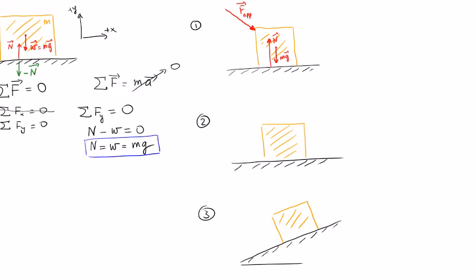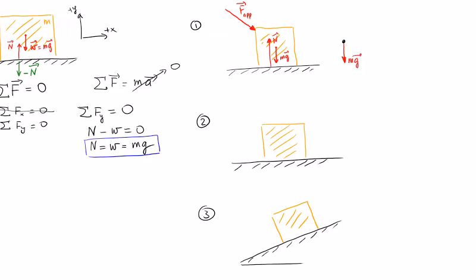So for this one, let's do a free body diagram first, which means we make the block a particle and put all the forces down, as we learned. So this is the block. Now we have the weight going downwards. This is also known as a free body diagram.